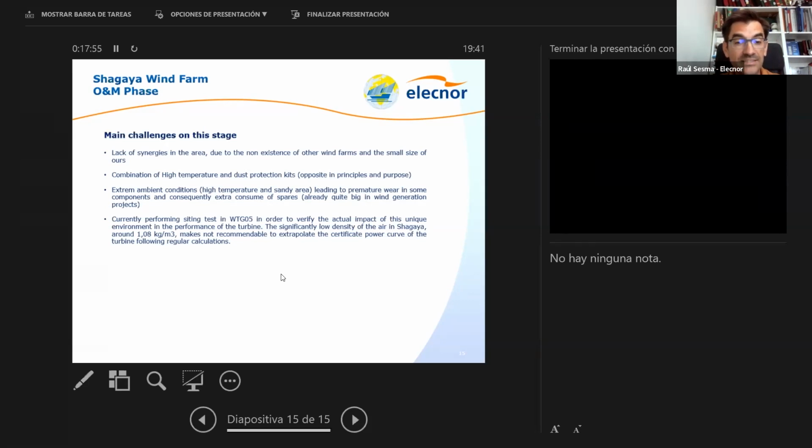And to finalize, talking about the power curve measurement, which is the best way to measure the productivity or performance of the turbine, and not only the performance, but also the adaptation of the turbine to this environment.